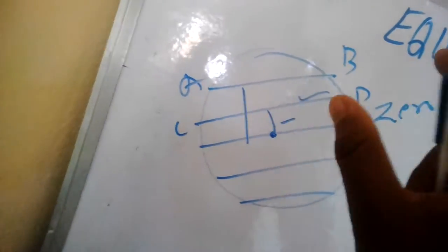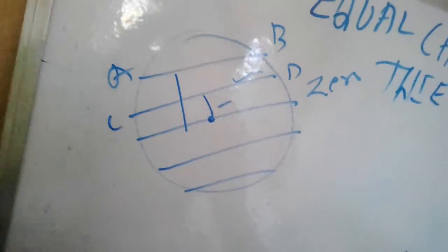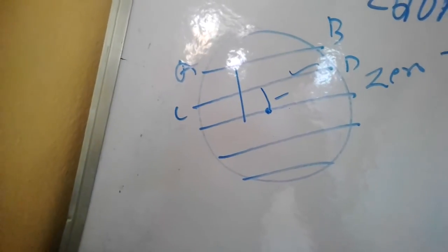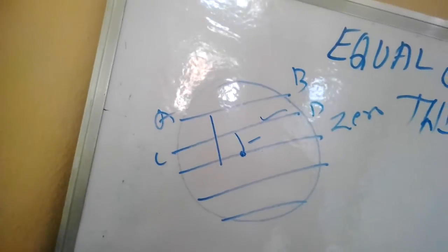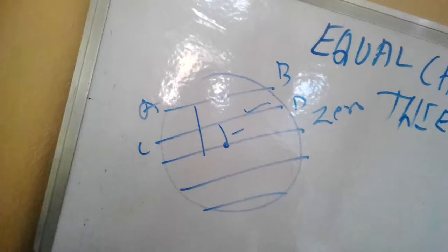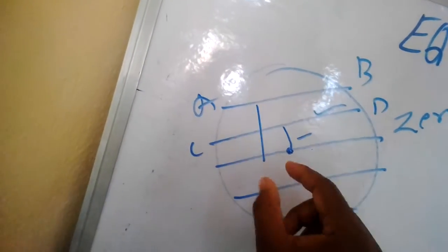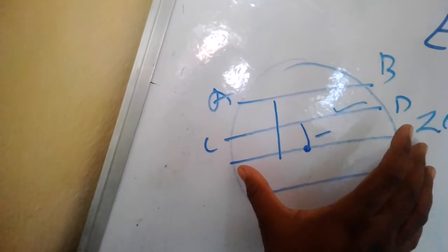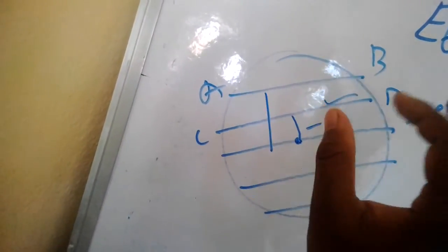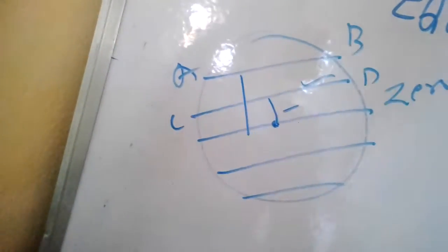This is the main concept we use in the circle topic: chords nearer to the center have maximum length, and chords far away from the center have the least length. The chord with 0 distance from the center is called a diameter, because it passes through the center of the circle. Clear?